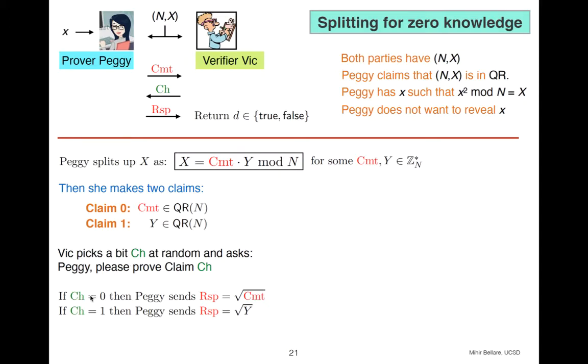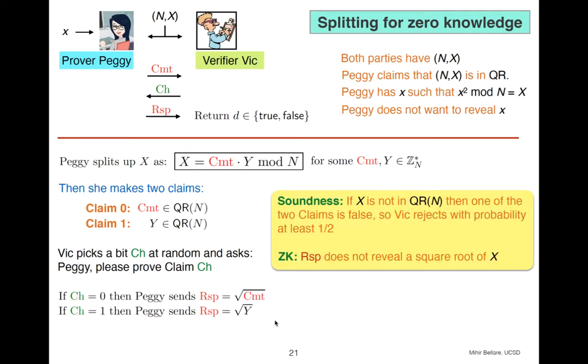Peggy delivers the proof in the obvious way, actually. She just sends a square root of whichever object is requested. If Vic says prove this is a square, she sends its square root. If he says prove this is a square, she sends the square root of that. Of course, we'll have to set things up so that she has these values.